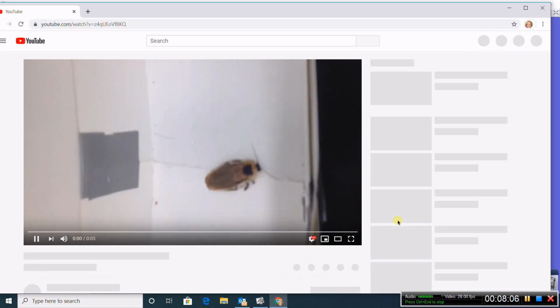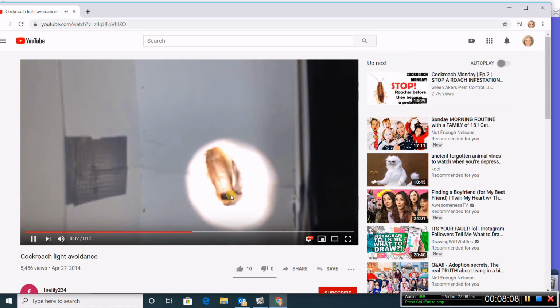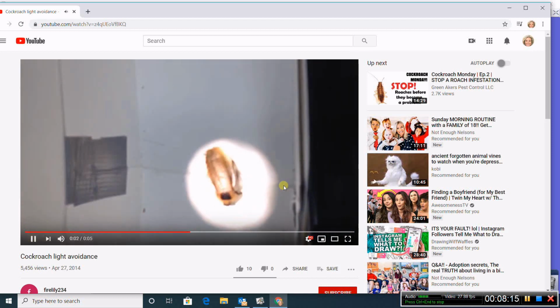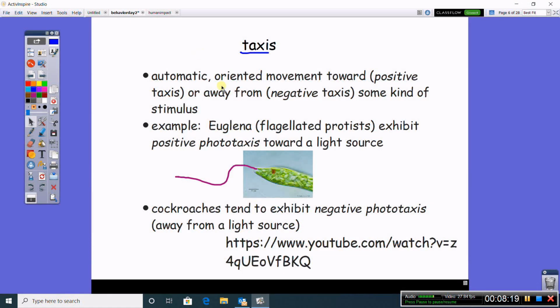I don't know if my sound's up. So in case you want to see that again. So the cockroach there is demonstrating negative phototaxis. Okay, it's trying to get away from the light.